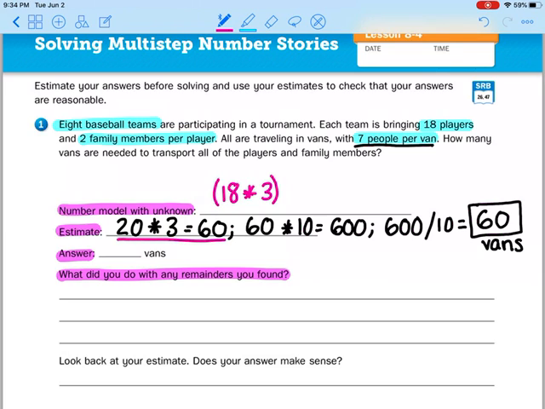That's what we did here. Then I'm going to multiply that again by how many teams there are. That's what we did here. Then there's 8 teams, so I'm going to put another set of parentheses. And then I'm going to take that total and divide the whole thing by 7, because that's how many people per van. We did that estimate here. Equals V for how many vans.